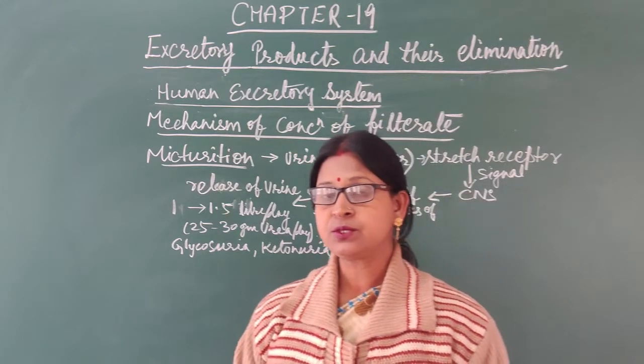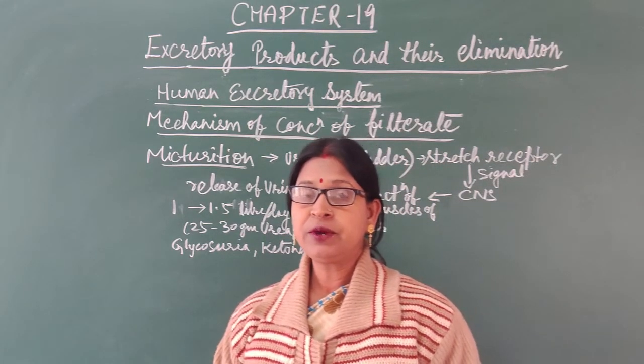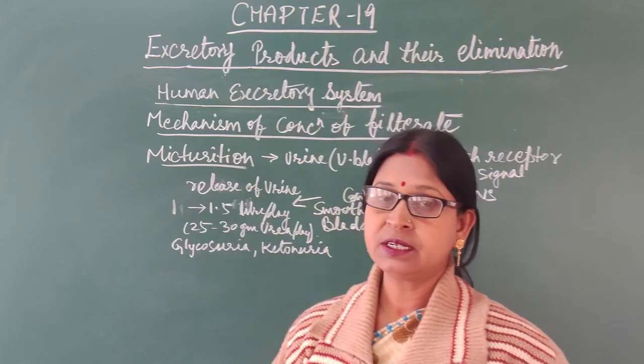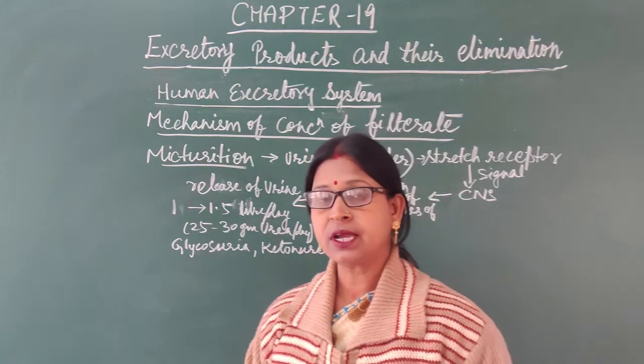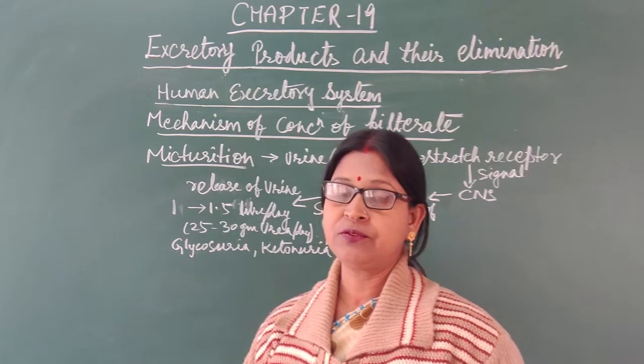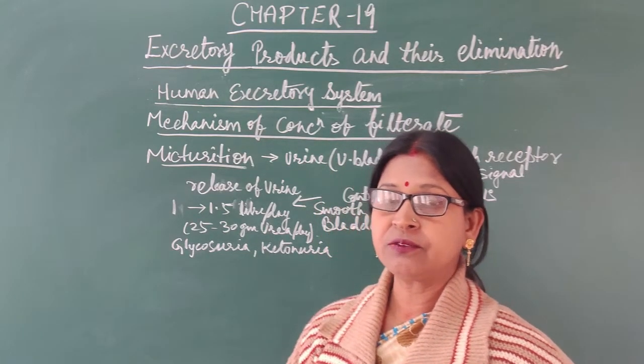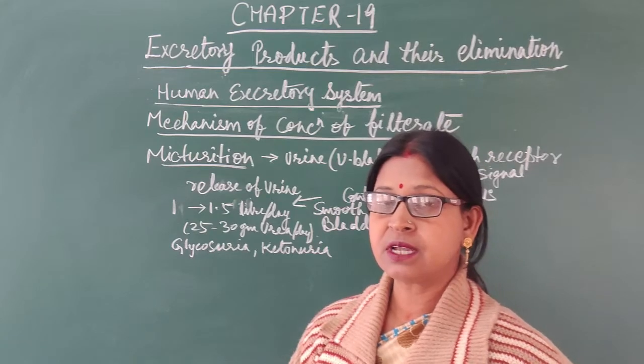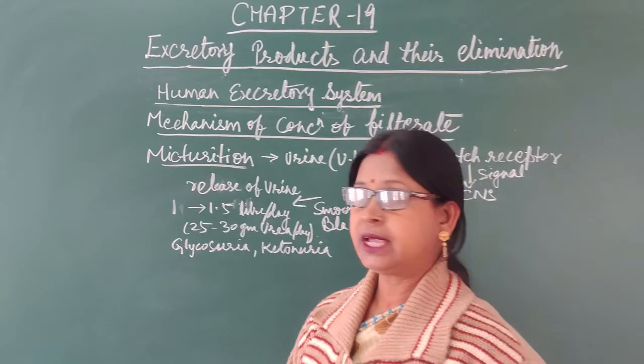In vasa recta also the fluid is moving in opposite direction, and that is known as counter current mechanism that helps in the concentration of urine or the filtrate, and that we will discuss now through the diagram.